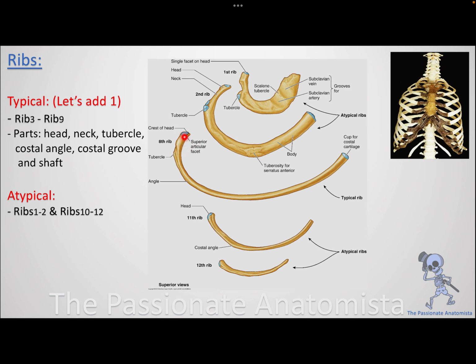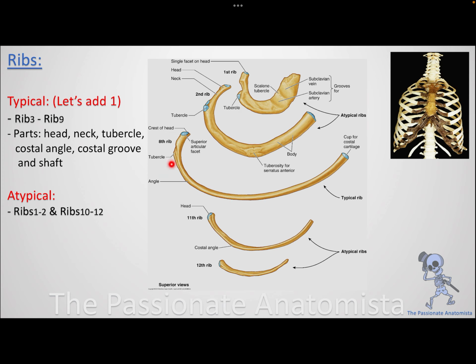We mean that we have head, neck, tubercle, angle, shaft, and a cup for the costal cartilage. The head articulates with the vertebral body. The tubercle articulates with the transverse process of the thoracic vertebra. And the costal cup articulates with the costal cartilage, and that with the sternum anteriorly. This is any typical rib.